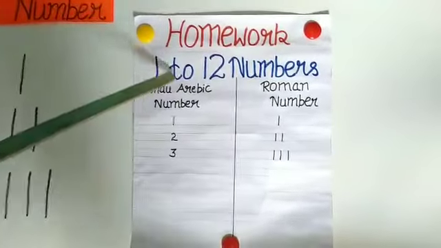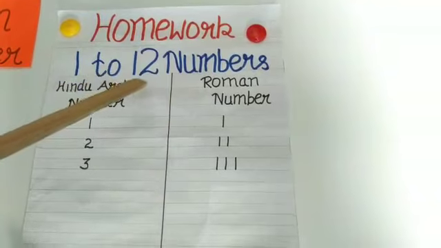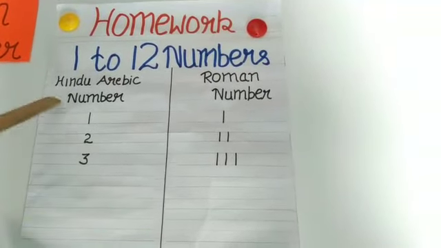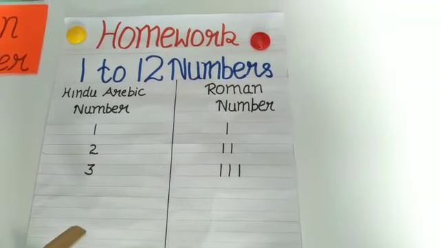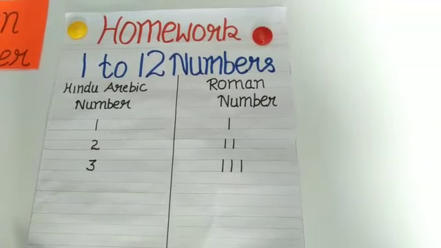In your homework you have to write in neat and clean writing, and there are 3 examples of Roman numbers. You have to continue them up to 12 and revise.